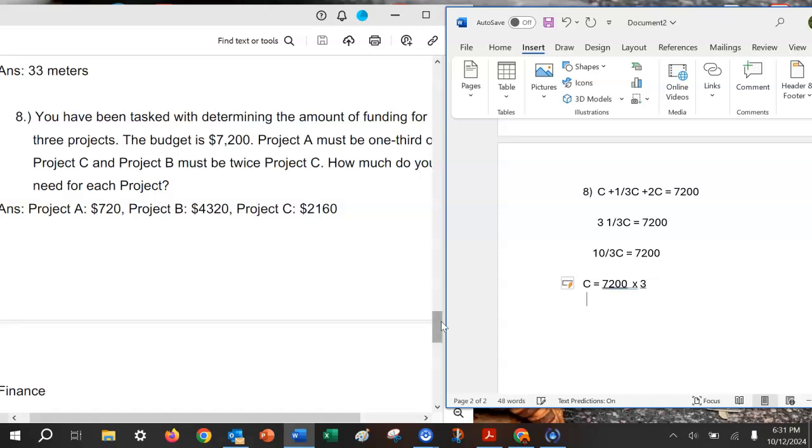Now what I'm going to do is I drop this guy down here. 7,200 over 1. And 3 over 10. So this is what I'll be doing on the right side. The left side's already made out to be 1.